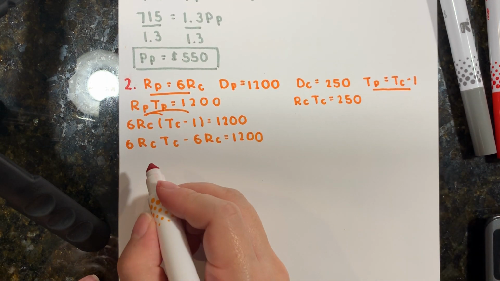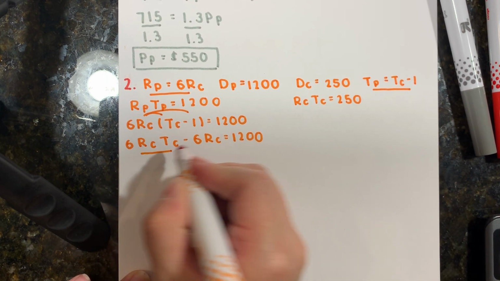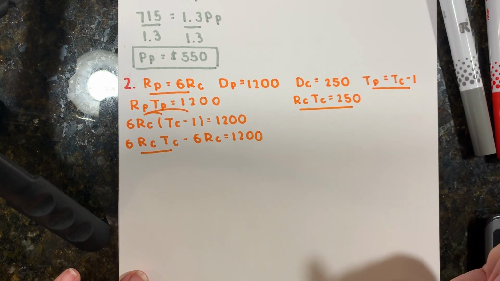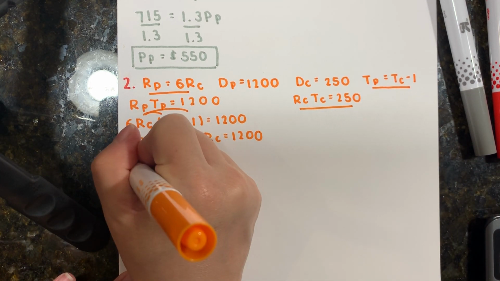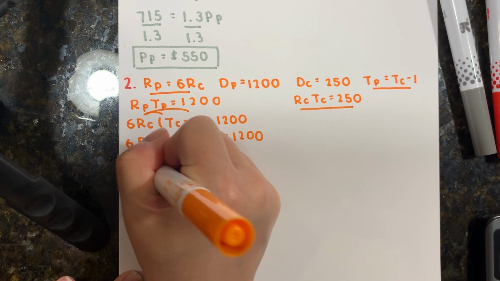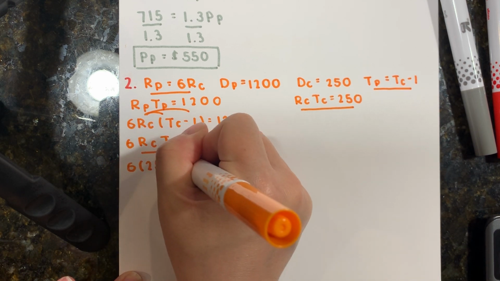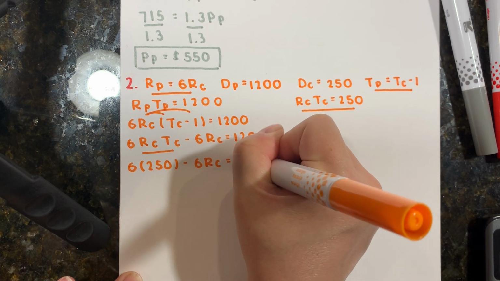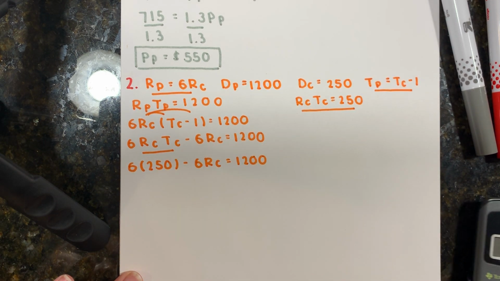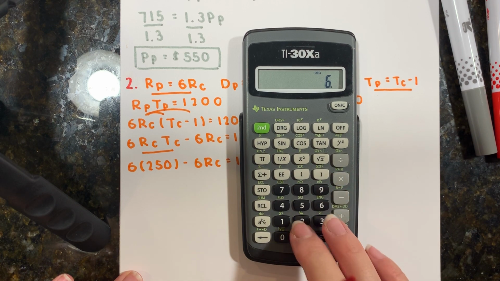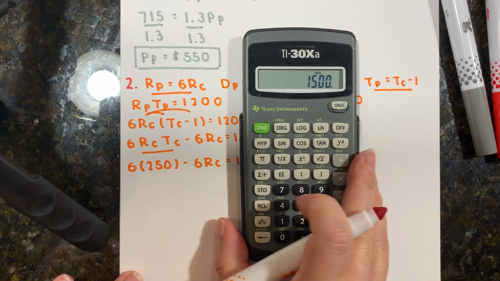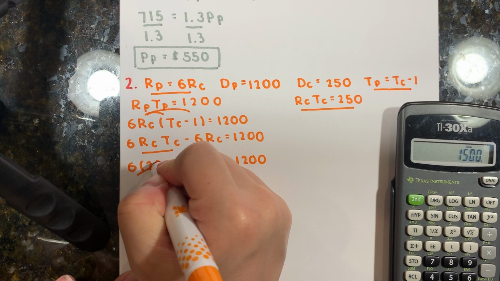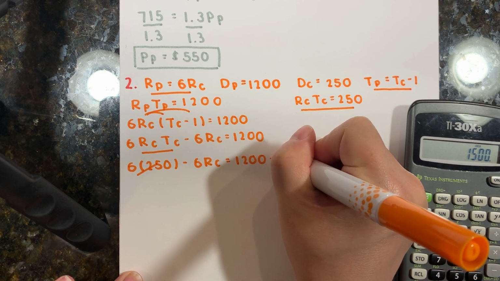And we know what RCTC is equal to because we have that right here. So I'm going to take that and plug it in. So that would be 6 times 250 minus 6RC equals 1,200. So 6 times 250 would be 1,500. So I'm going to move this to the other side by subtracting it.